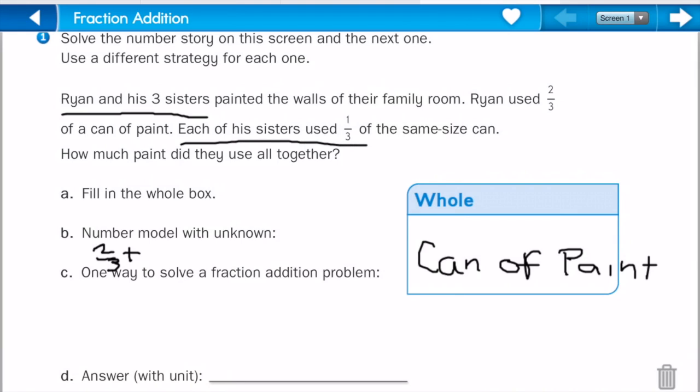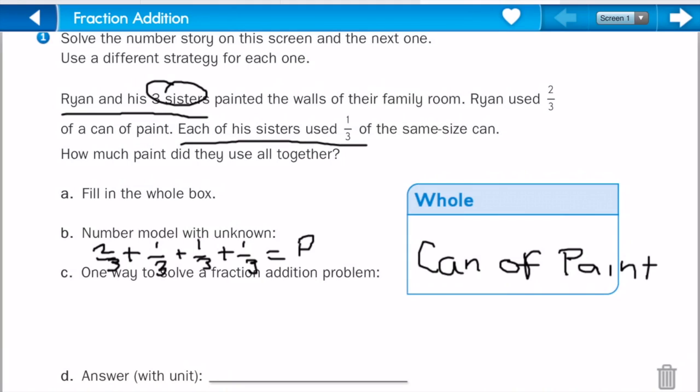And I know he has 3 total sisters, so I'm going to have to write 1/3 3 times. Plus 1/3 plus 1/3 plus 1/3 to equal our unknown, which is our whole, and in this case is a can of paint, so I'm just going to use P.